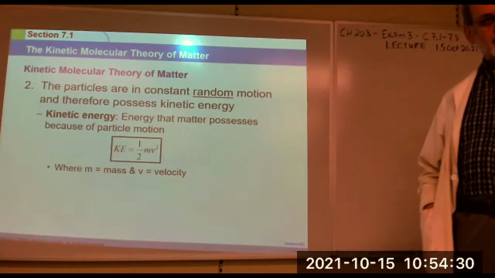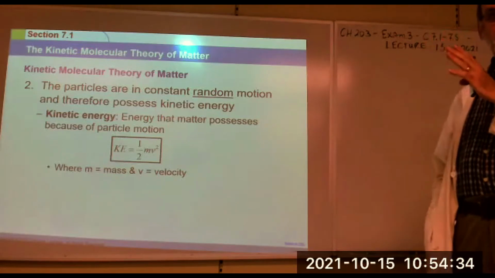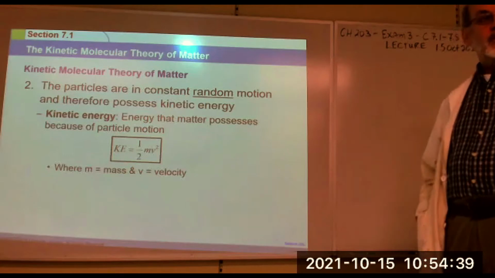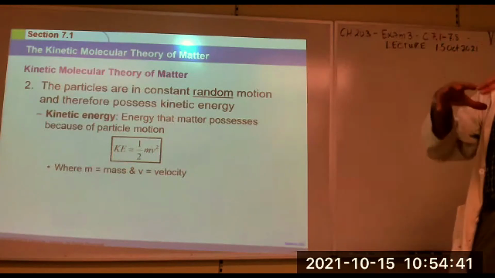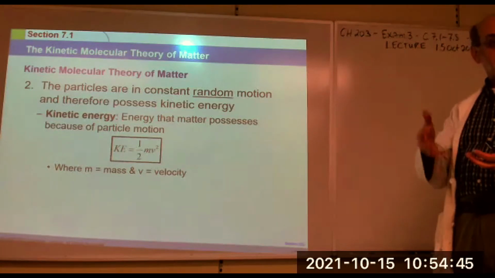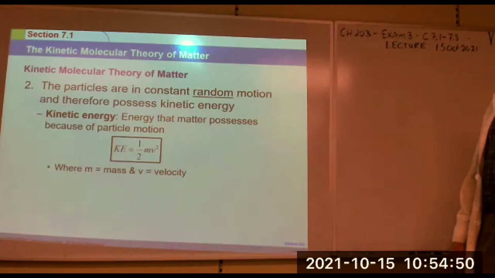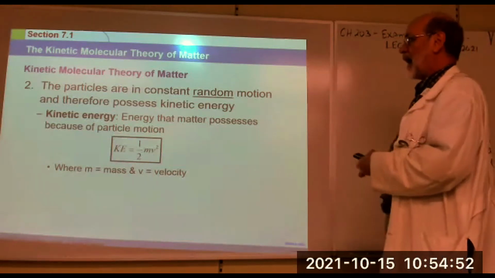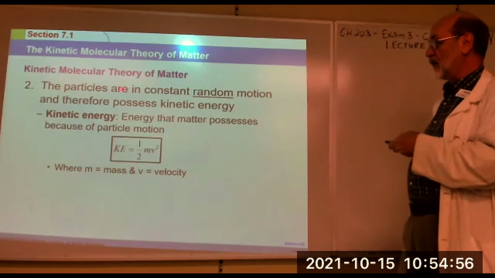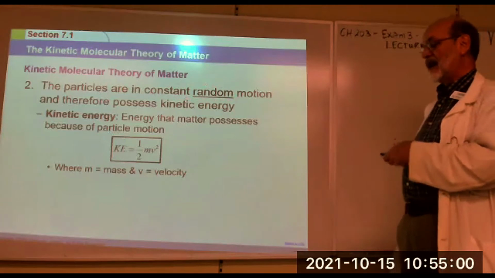Even if we could track the momentum of every particle, we don't have enough computing power to put them all together into a final answer for what they're going to do and how they behave. So we have to approach it from a statistical standpoint. In other words, on average, how does the matter behave? And in order to do that, we have to assume that their motion is random and they're always moving.